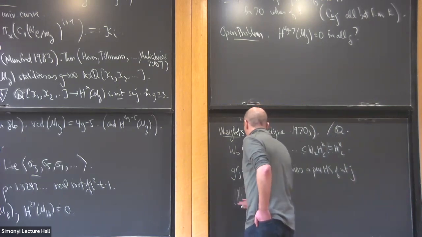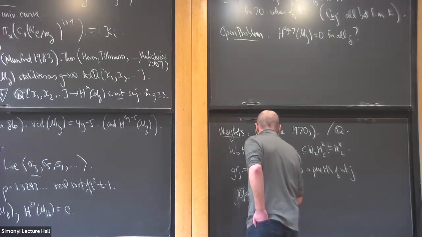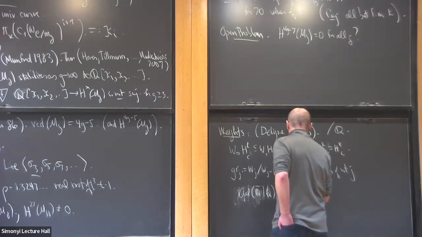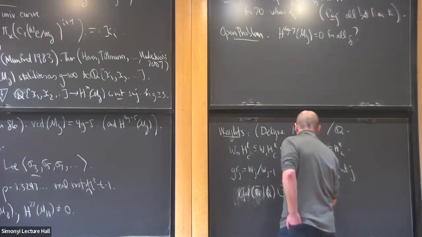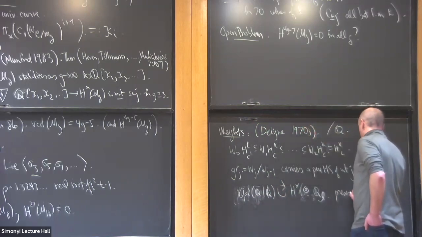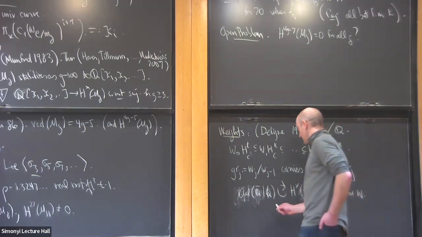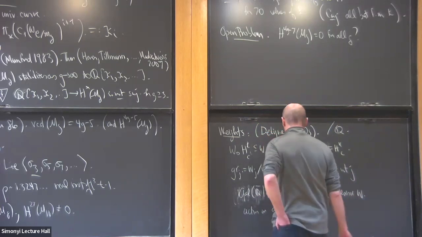So we have the absolute Galois group, Q bar over Q, which is now going to act not on the rational cohomology, but on the cohomology with Q_L coefficients. And this action will preserve W, and so it gives an action on the graded pieces.